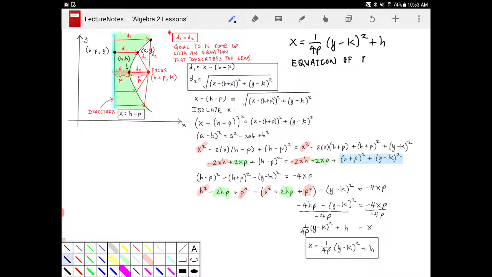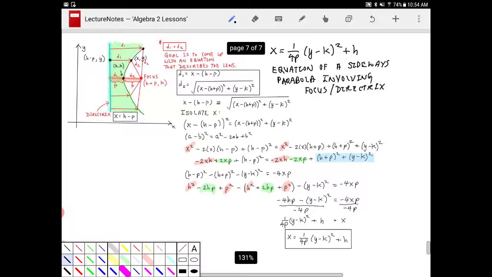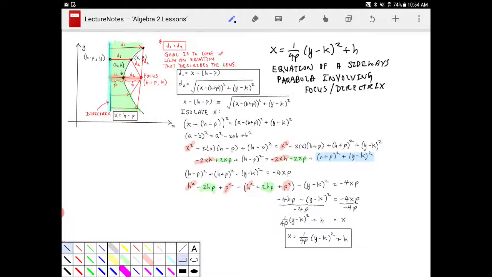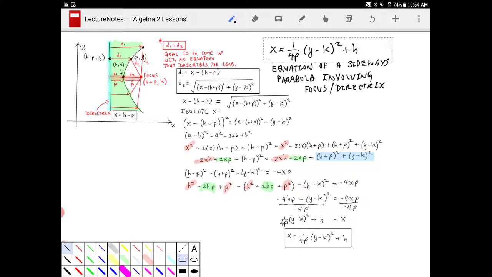This is the equation of a sideways parabola involving focus and directrix. So this is a new way for us to define the equation of a parabola. And there's actually a lot more that we can discuss, but I want to leave that for another video.